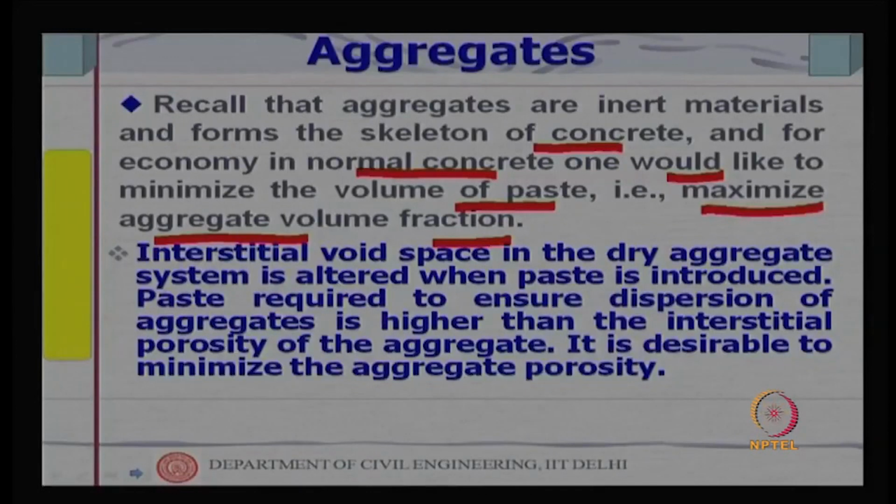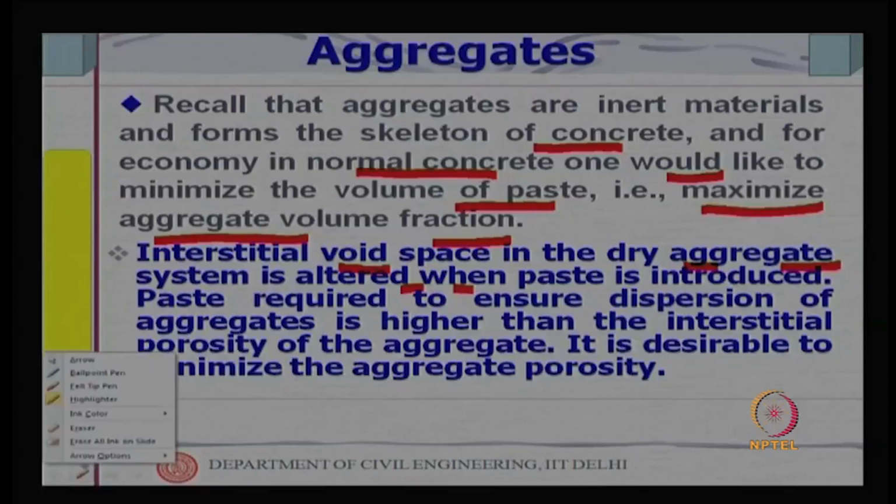So, maximize the amount of aggregate in the system. Now, where does paste go? Paste actually goes into the interstitial void space of aggregate. Interstitial void space in the dry aggregate system contains paste, and when one puts this paste inside or mixes them together, there is an alteration of the space.